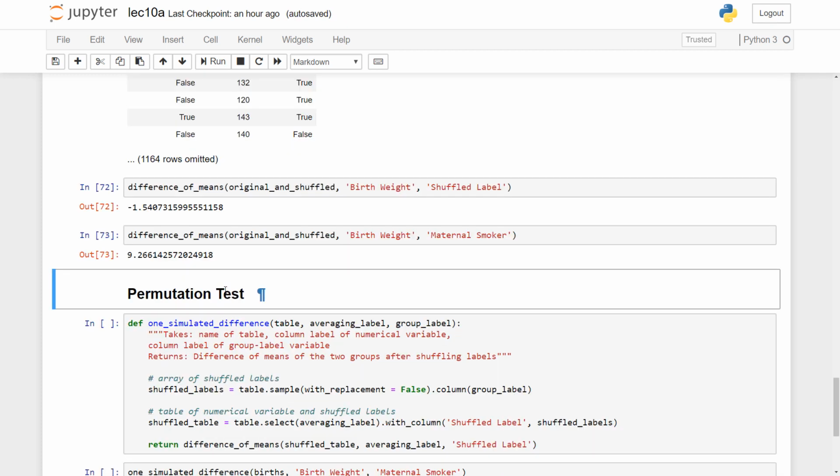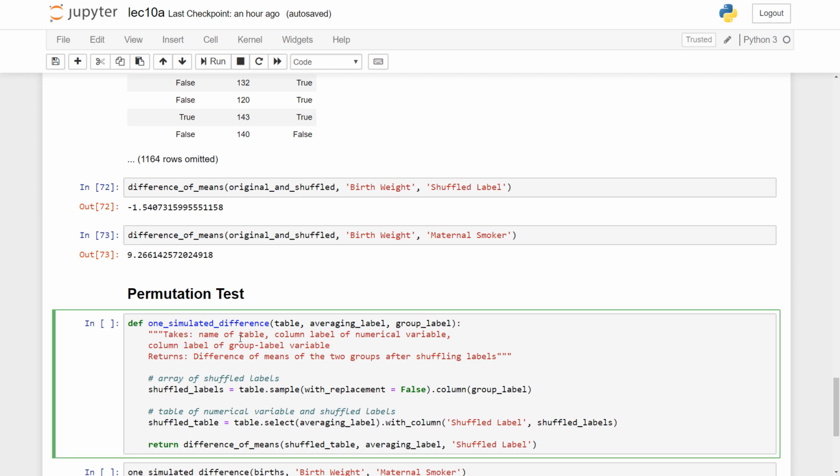Now let's do the actual test and the actual simulation. So we have to repeat that multiple times. So we'll define a function that will compute the test statistic for one sample, and that function, as you will see, will combine the code that we just went through, the code for shuffling and the code for computing the test statistic. So it starts again, it takes the same three parameters that we saw before.